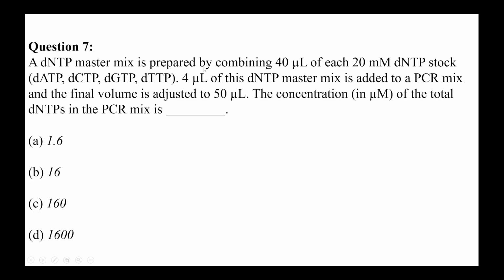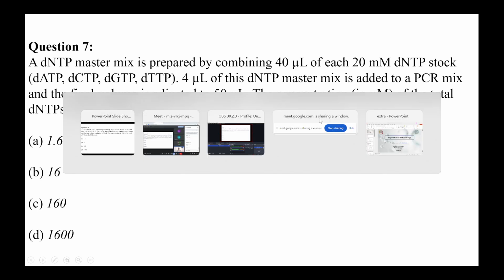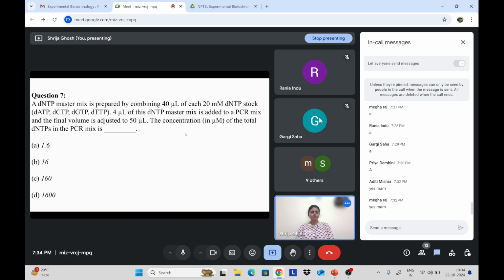So you have the dNTP master mix that is prepared by combining 40 microliters of each dNTP. Each dNTP has 20 millimolar concentration, the stock concentration. Then from the mixture, we are taking 4 microliter and adding it to 50 microliter. Okay. So tell me the final concentration of the dNTP.